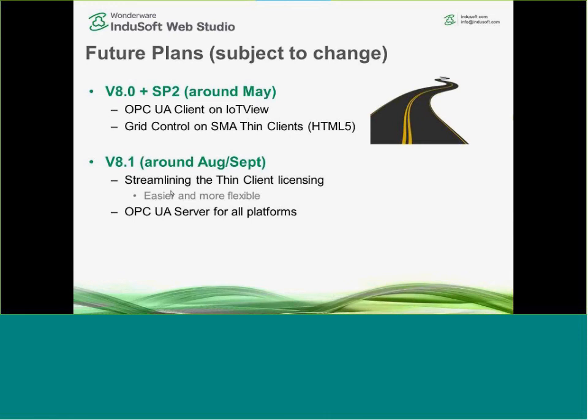Well, we're going to make it so that you get to pick and choose. If you choose a license for 8, then you can choose any concurrent mechanism. So if you have a license for 8, you could choose 2 web thin clients and 6 SMA thin clients. So you can mix and match within that 8.